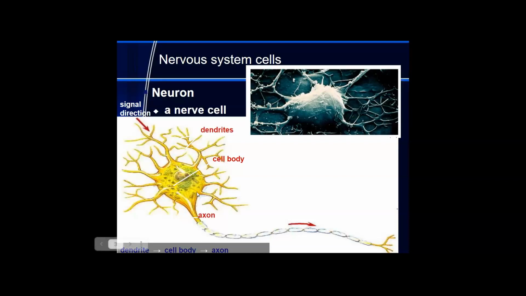The cell body contains the nucleus. It also contains the typical organelles. You have ribosomes to make proteins, and the Golgi apparatus to package and modify them.